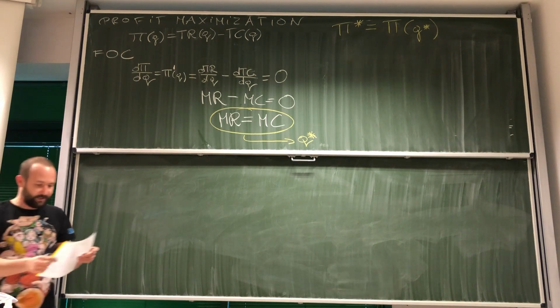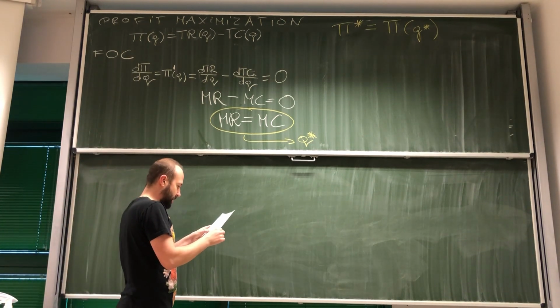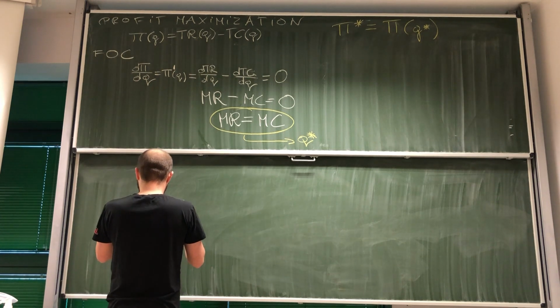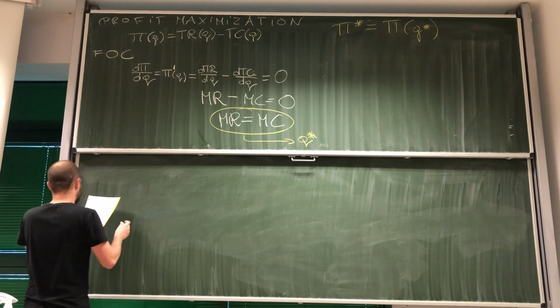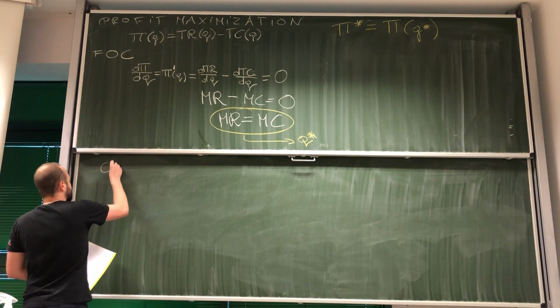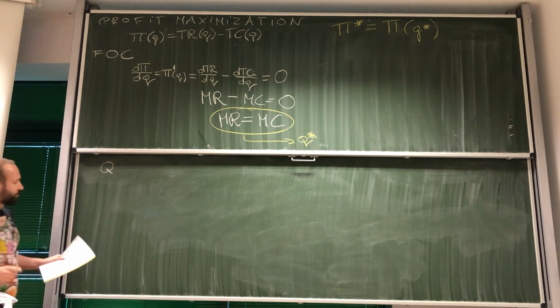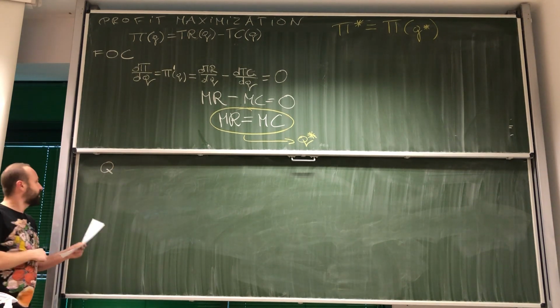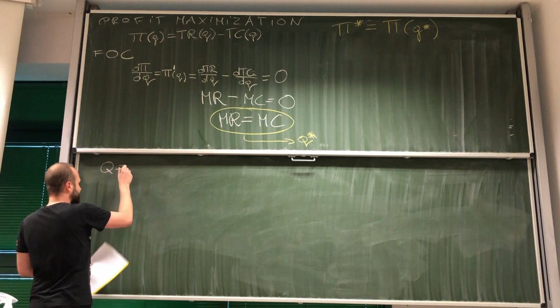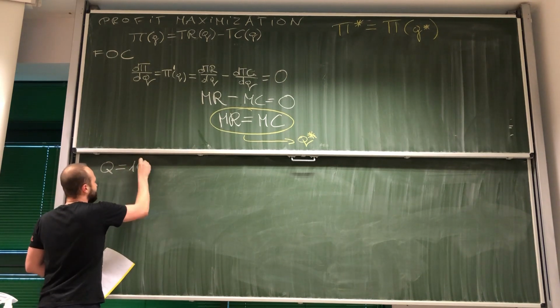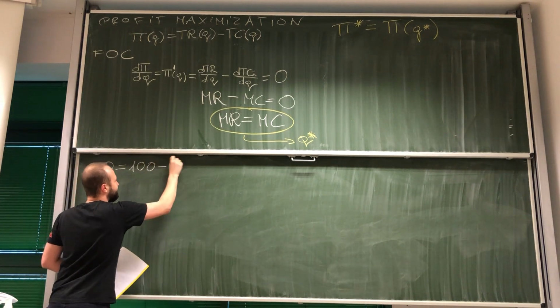Our example goes like this. The demand function for some specific company's product is given by 100 minus P.